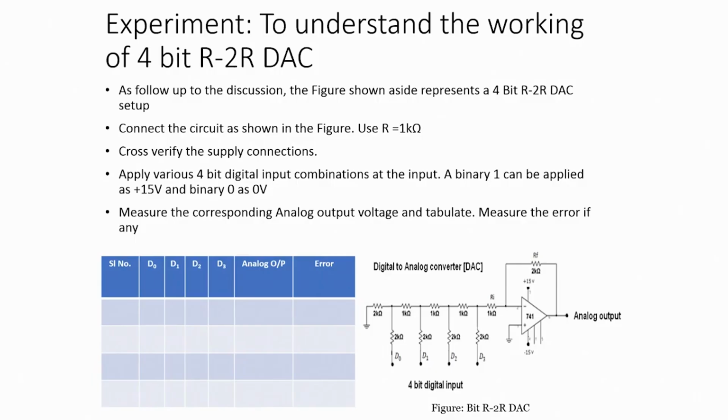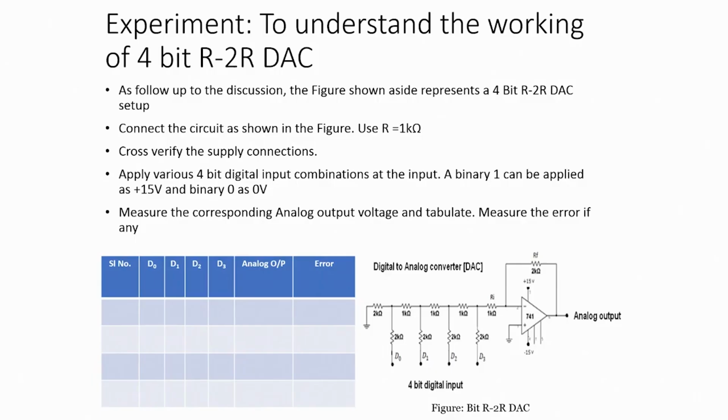So, try at home, try in your laboratory, it does not require a lot of components, and we will also show you how to design such converters. In fact, we will probably use it in one of the experiments we have designed, if it fits within the 30 hours of this course.